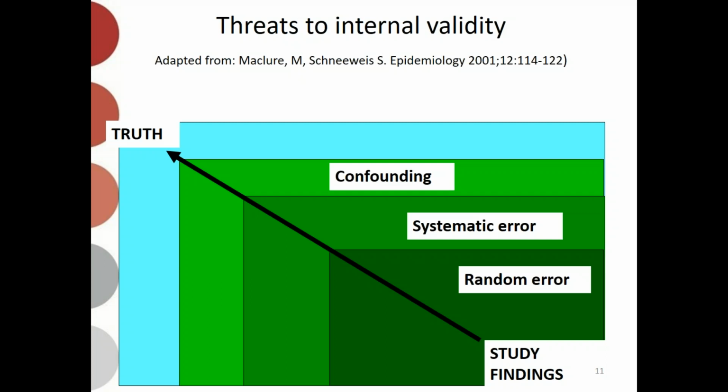So for internal validity, you're pretty much looking at what particular factors could make the study findings very different from the truth. For example, if you're looking at a diagnostic test accuracy study, probably the truth is that, if the test was conducted ideally, the sensitivity and specificity of the test would be 99% and 99%.